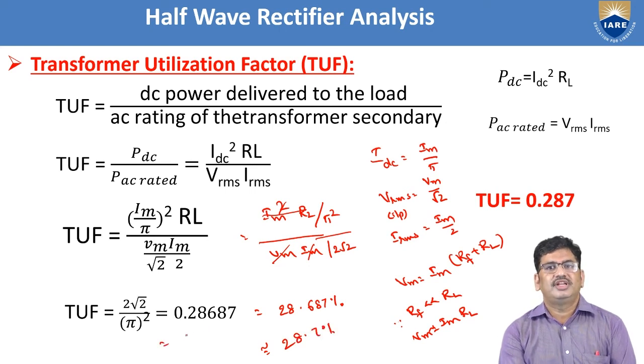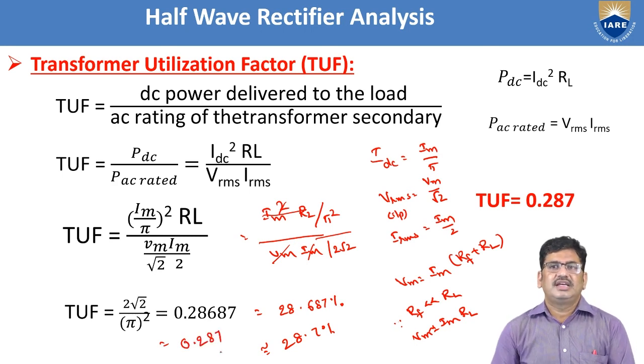Otherwise, in terms of decimals, we can write this as 0.287. This is the transformer utilization factor TUF for half-wave rectifier, which is 0.287. So with this, I conclude the half-wave rectifier working principle and the analysis.